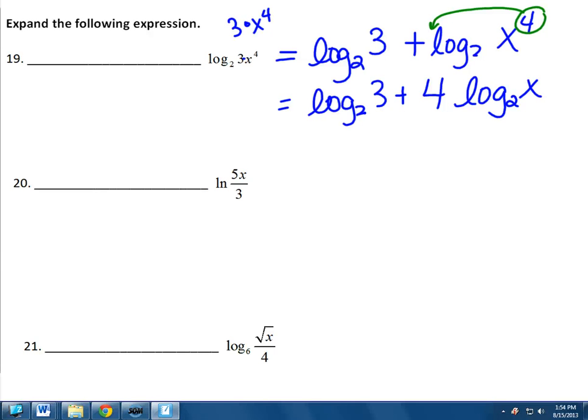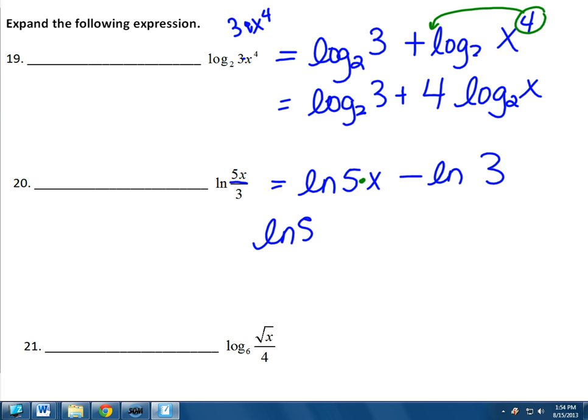In this case, natural log of 5x divided by 3. Well, if multiplication here turned into addition, what do you think division is going to turn into? Turns into subtraction. So this equals the natural log of 5x minus the natural log of 3. And some of you might catch that, hey, this is actually multiplication, so can't we split that up? And yes, you can.